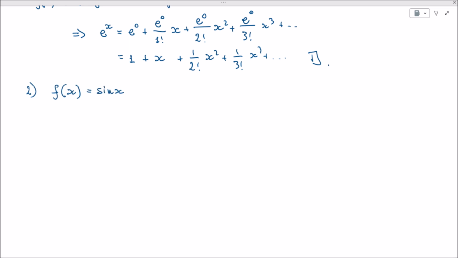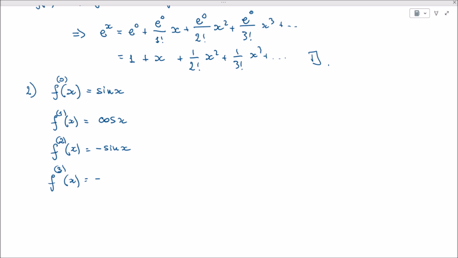Remember that by convention, the function is nothing else than the derivative of order 0. If we take the derivative of order 1, we get cosine of x. The derivative of order 2 is minus sine of x. The derivative of order 3 is minus cosine of x.